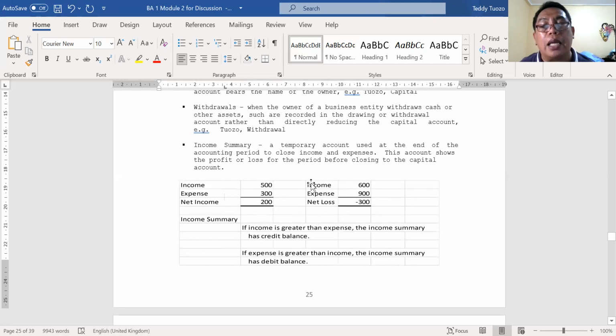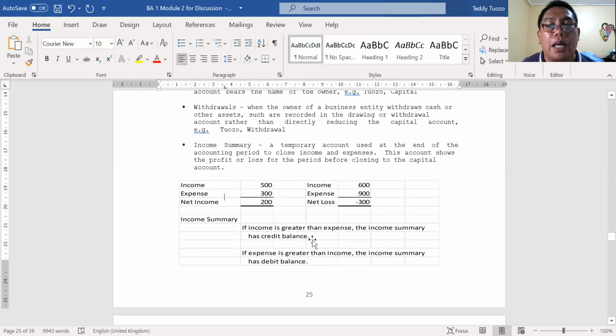But on the right side, the income is less than the expense. Remember that income has a credit balance and expense has a debit balance, so the debit is bigger. The difference between income and expense is what we call net loss, if expense is greater than income.